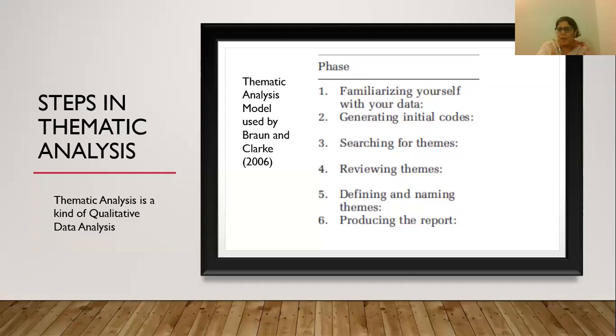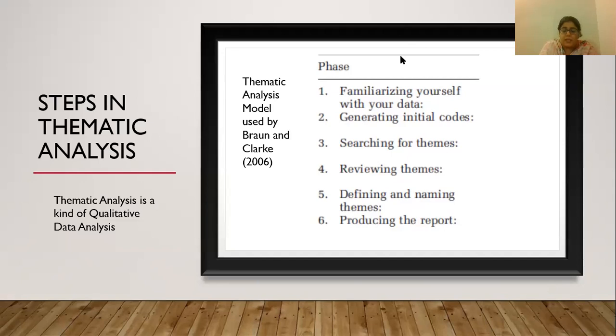It's basically the same as writing it down. Producing the report and defining and naming the themes can be one step. So basically, you search for the themes, you revise them, you go through your data again and again, and you see if there are any mistakes, and then you write it down. All right.